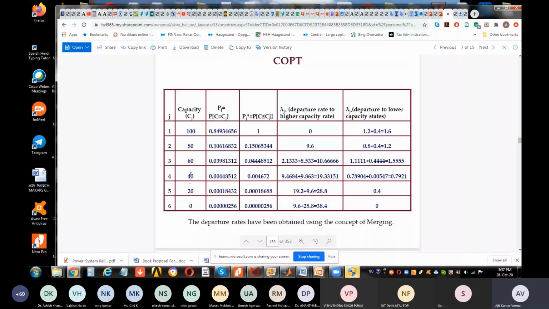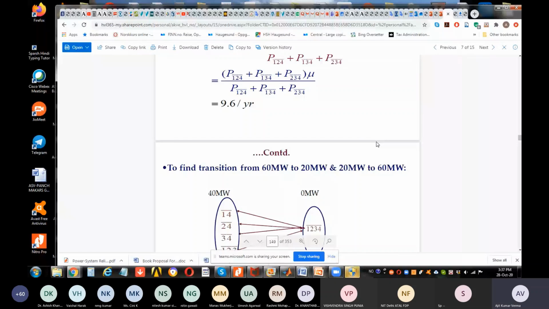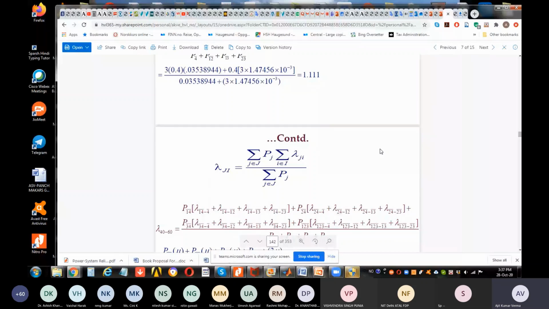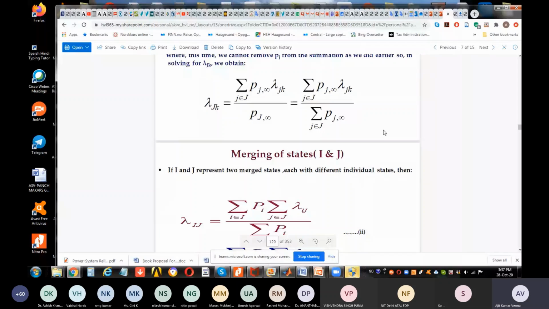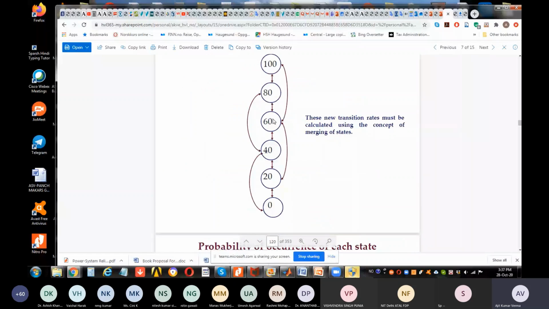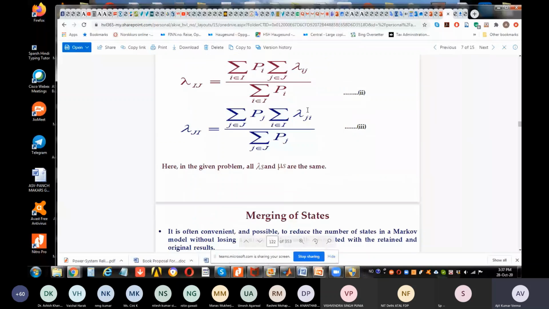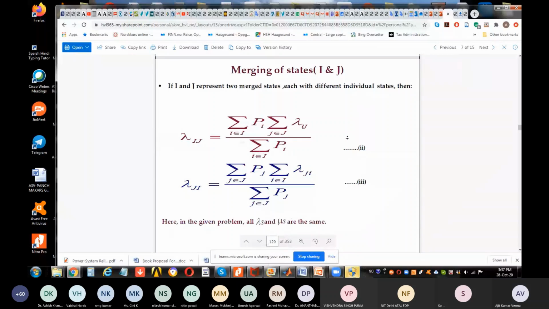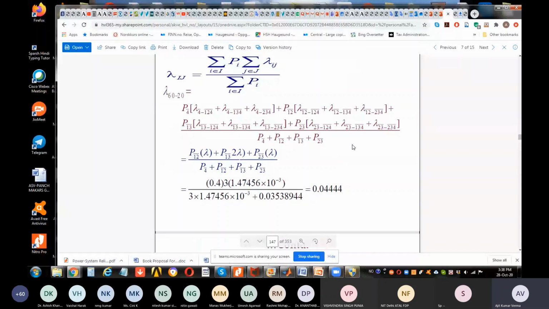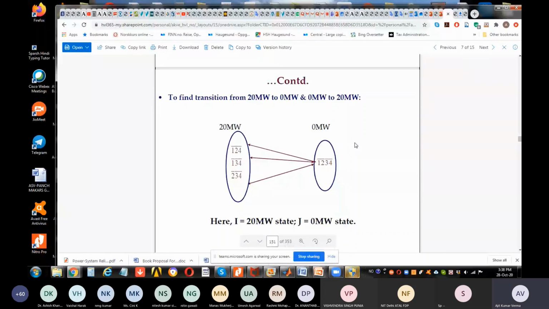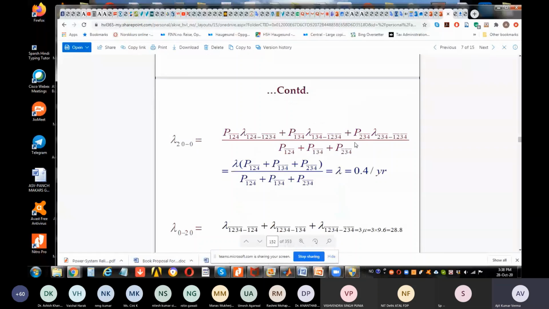You remember we saw that converged model: 0, 20, 40, 60, 80, 100. So in the capacity outage probability table, we take you back to 0, 20, 40, 60, 80.